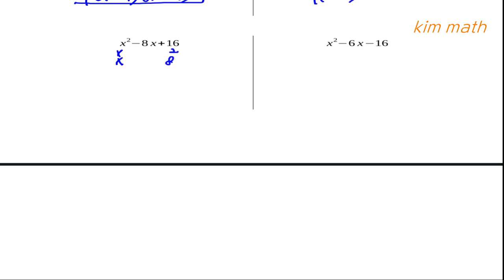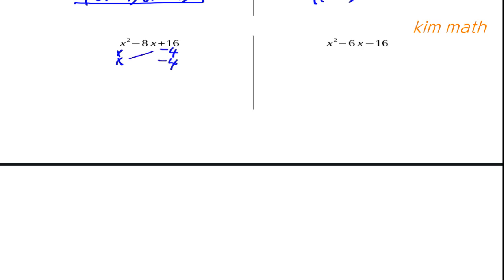So 2 and 8 is not a good choice either. So next one will be 4 and 4. Yes, with 4 and 4, we can make a -8. Since the product is a positive 16, both factors must have the same sign. In this case, we can choose -4, -4.